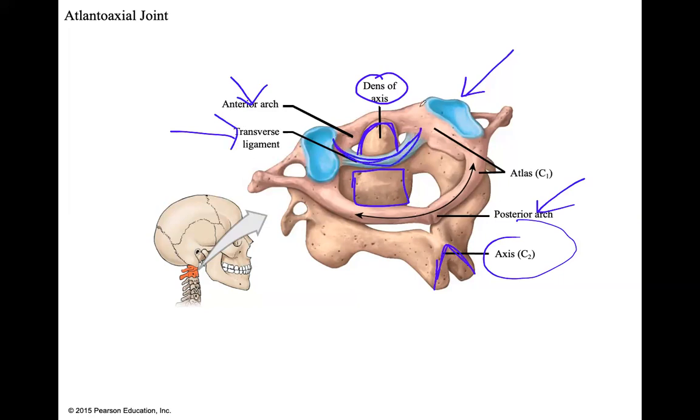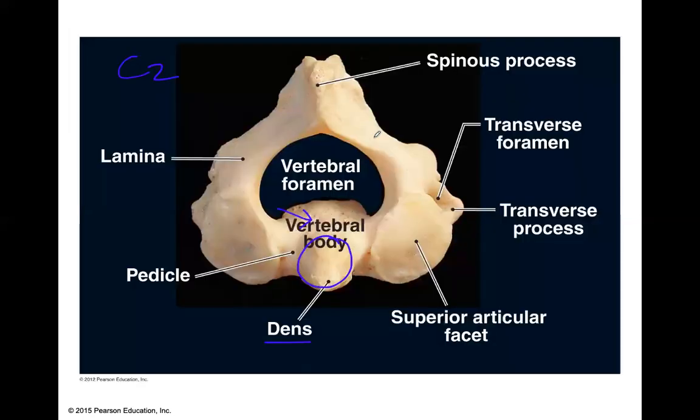So this allows your atlas to rotate on its axis, right? The axis is for rotation, but it's the atlas, the top bone, C1, that's actually rotating when you shake your head no. It's rotating around the dens or the odontoid process of the axis. So this is the bird's eye view looking down. You can't quite see it, but this is the dens that's projecting upward at us.